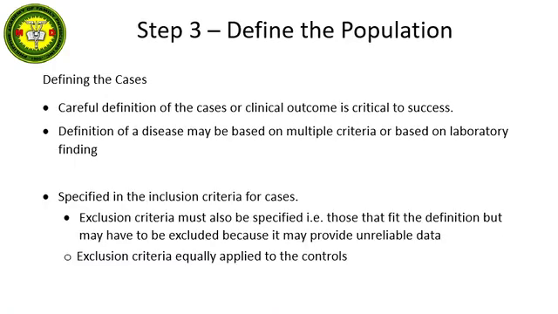All right, so after developing the objectives and the dummy tables, your next step now is to define the population. When you define the population, you should be defining both the cases and the control. Usually case definitions are based on disease definition, so you have to be very careful. There are standard disease definitions, so you should not have any problem about this.